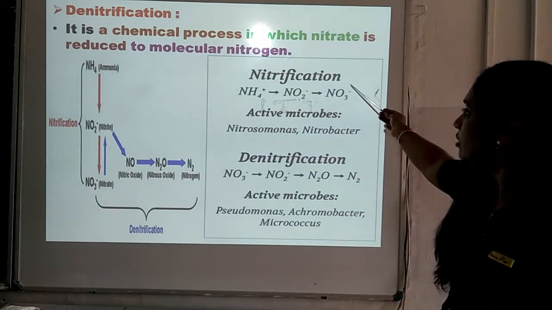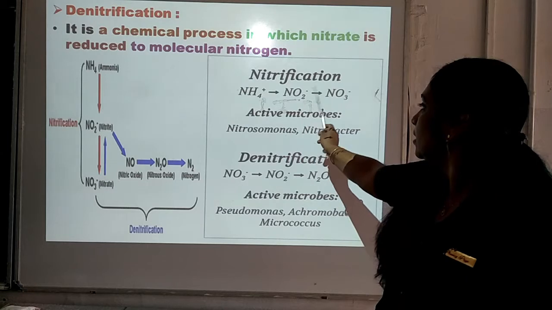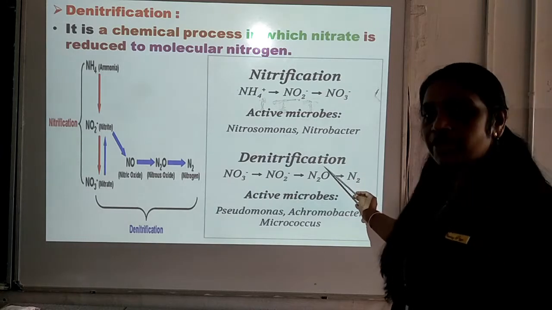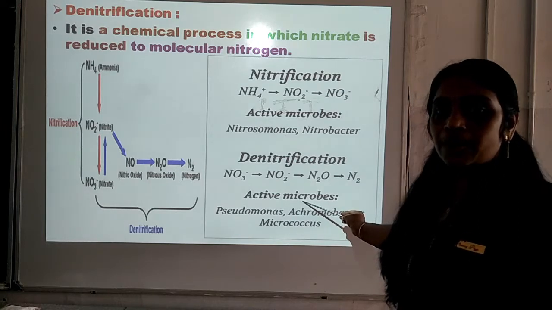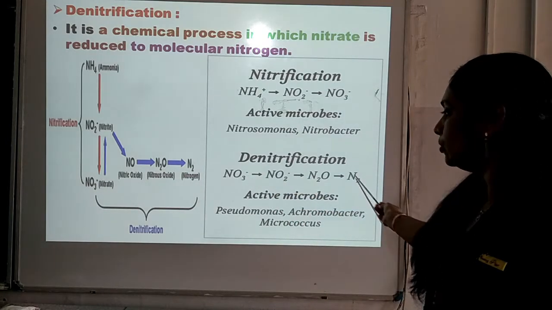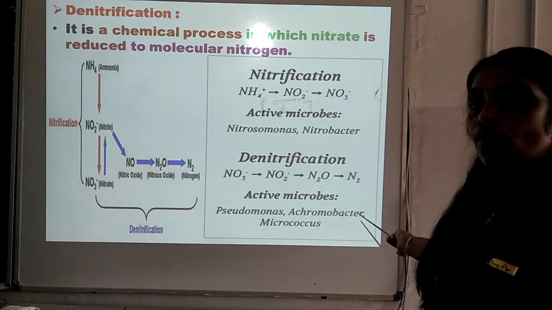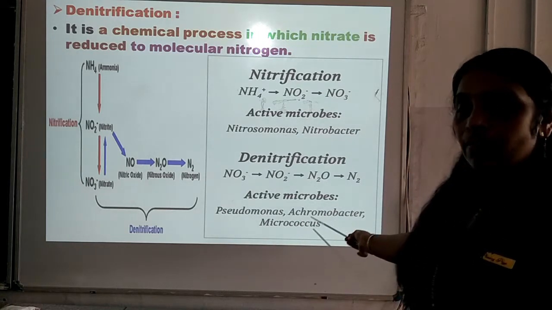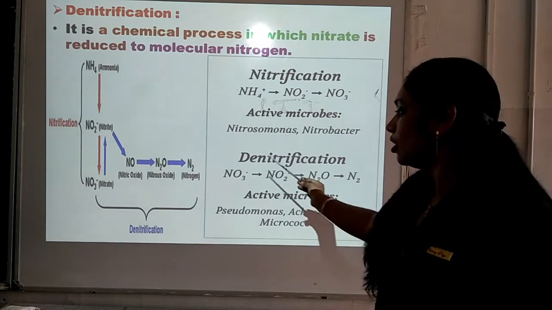Okay, you can see here the nitrification process, where the microorganisms participating are Nitrosomonas and Nitrobacter, and the second one is denitrification, where again the microorganisms are participating in converting the nitrate to nitrogen, and those organisms are Pseudomonas, Achromobacter and Micrococcus.